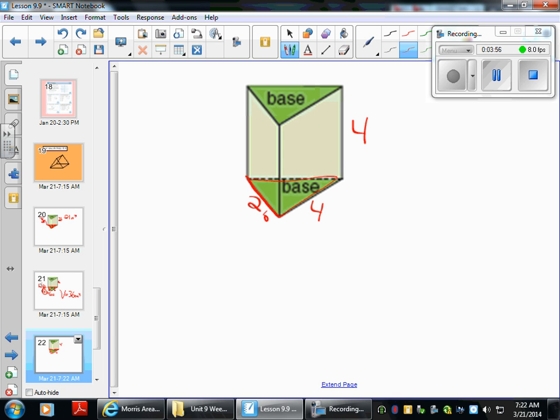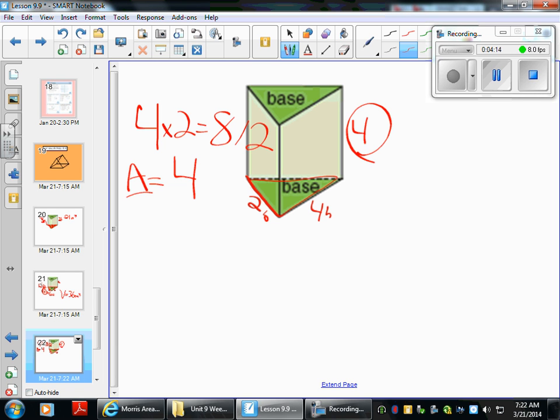This is my height of that triangle. 4 times 2 equals 8. 8 divided by 2 gives me an area for the bottom of 4. So the area of my base is 4. Take that times the height. 4 times 4 gives me a volume of 16 units cubed. You have to divide by 2 on the bottom there because it's a triangle.